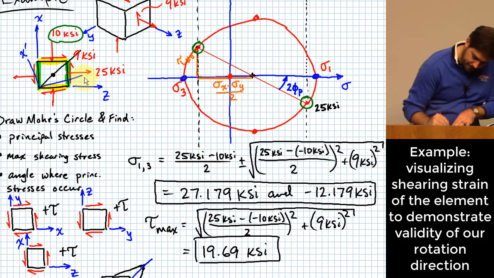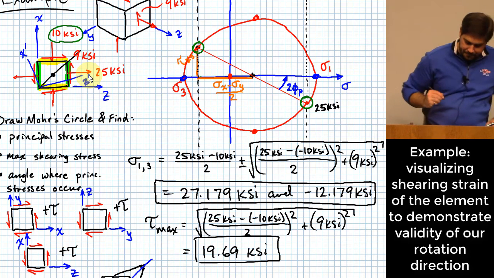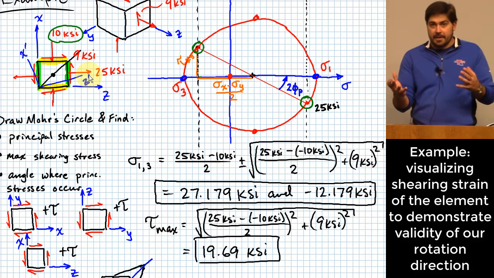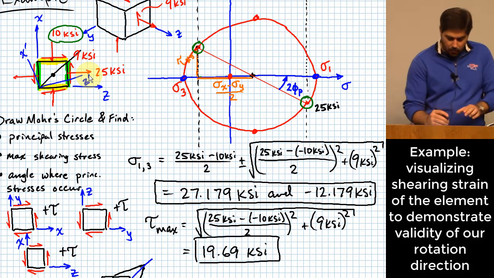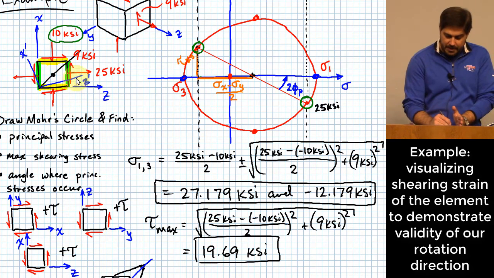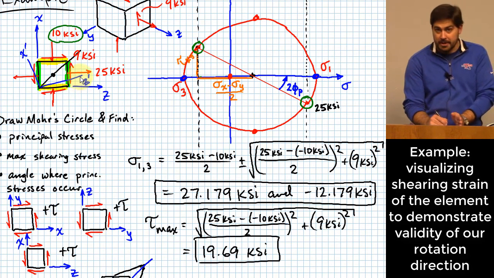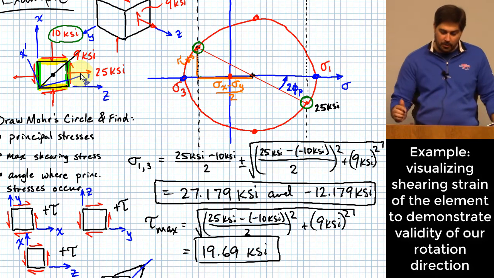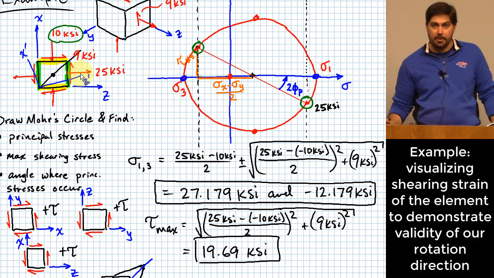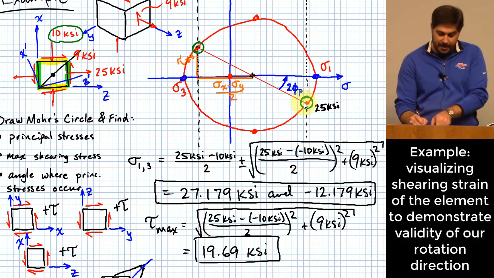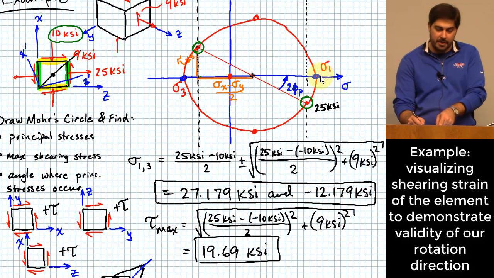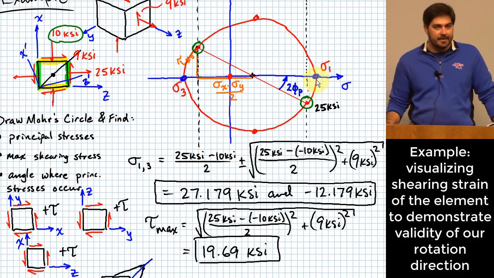There we go. Okay. So the idea of it makes sense, right? The orientation that I'm given is not the orientation where we find our principal stress. I have to rotate counterclockwise a little bit to find that location where I have my principal stress, just like I'd have to do on my Mohr circle diagram. I have to rotate counterclockwise a little bit to find my principal location.